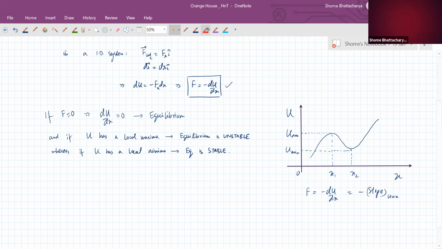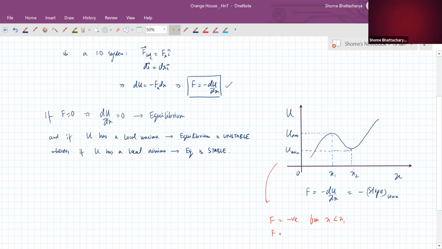Okay. So in this case, you can see what is happening in this graph. Before x1, the slope is positive. So the force is negative for x less than x1.